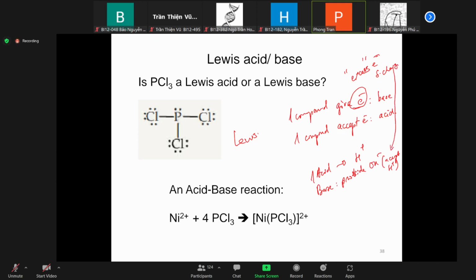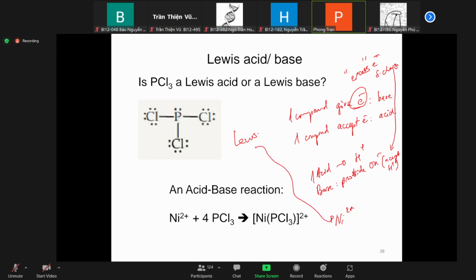Okay, so it's quite similar in some sense, but what could be the difference? By using the concept of classic acid-base, you cannot define whether nickel 2 plus is acid or base. But by using the Lewis definition, you can.